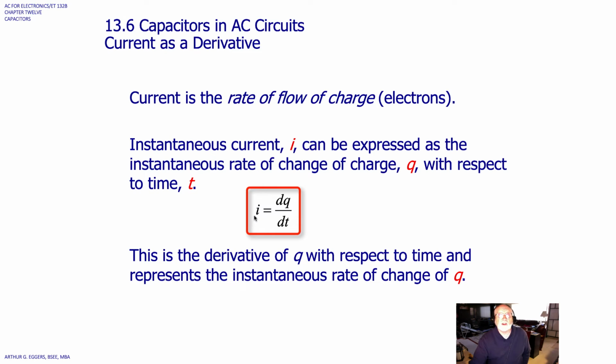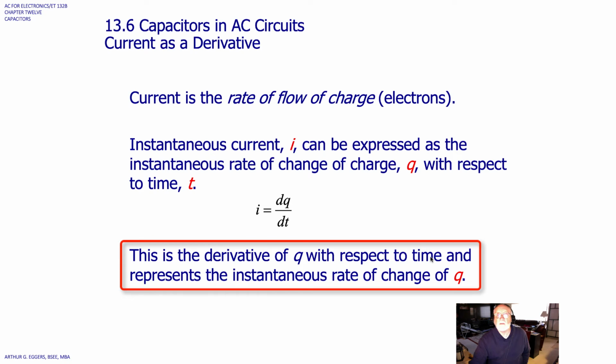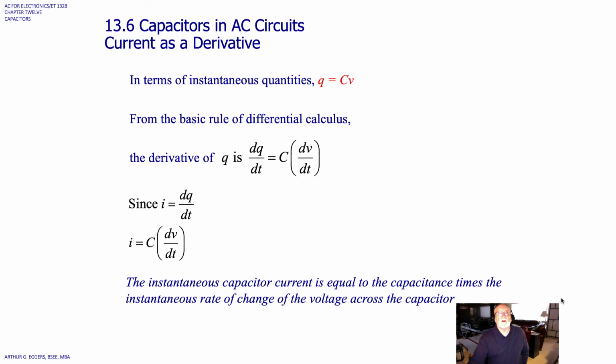So this expression i equals dq by dt is the definition of a derivative, the first derivative of the rate of change of charge per unit time. So this is the derivative of q with respect to time and represents the instantaneous rate of change of q.